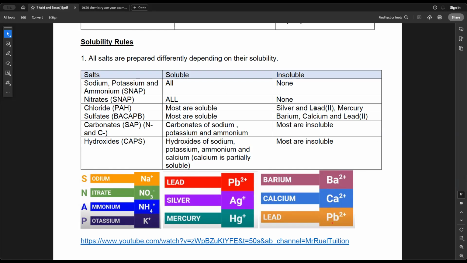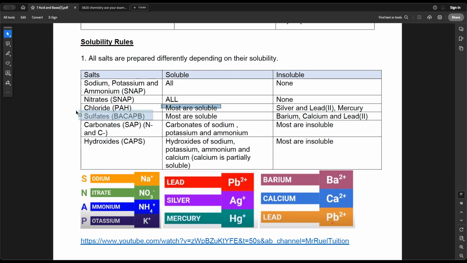Once again, SNAPs are all soluble as long as you see any of these ions. Nitrate also, as long as it's part of the SNAP, it will be soluble. For chlorides, you have to remember PA. PA means only these three are insoluble: silver, lead, and mercury. But every other chloride salt will be soluble.